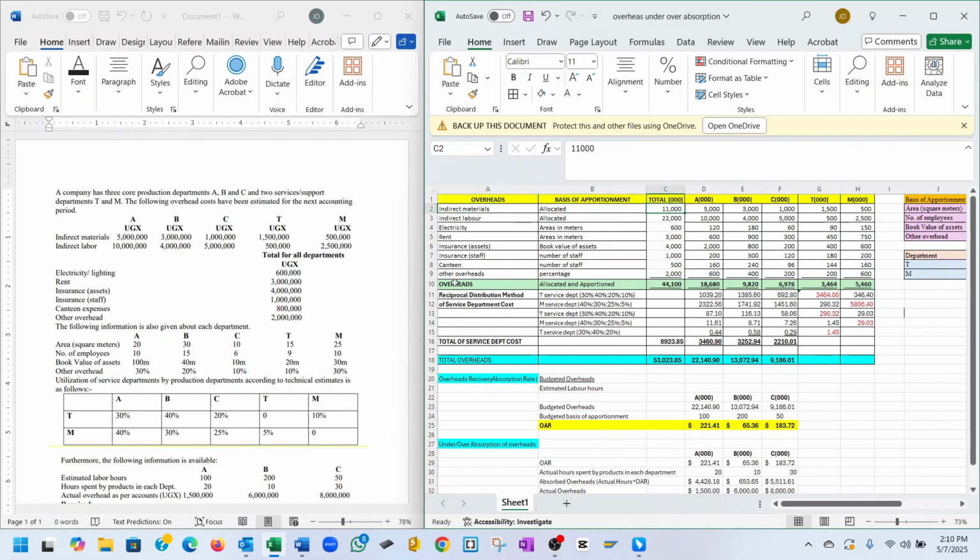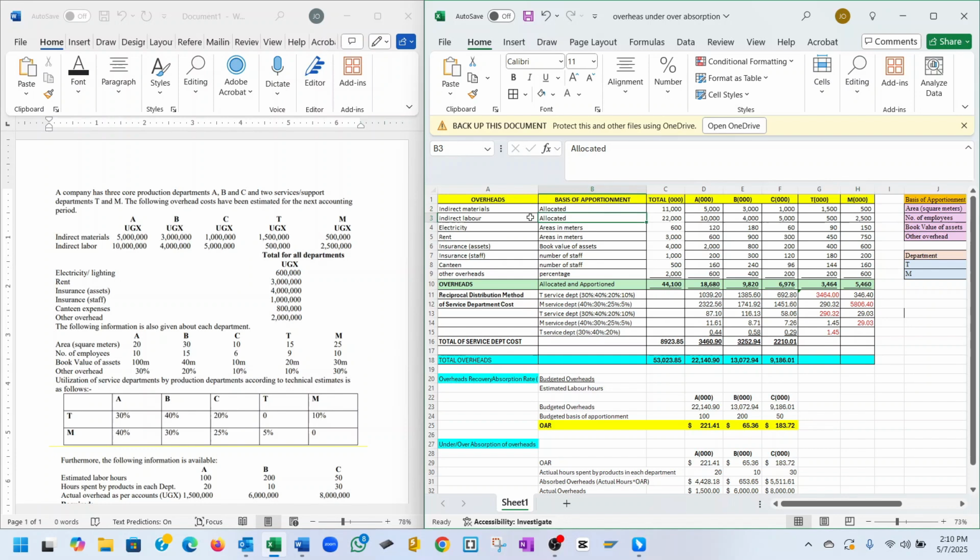The total is 11,000. When you sum all of this, it is 11 million because all these are in thousands. So it's 11 million. Now 5 million here, 3 million for B, 1 million for C, 1.5 for T, and 500,000 for M. Now I'm going to exclude the three zeros, and I hope you understand it.